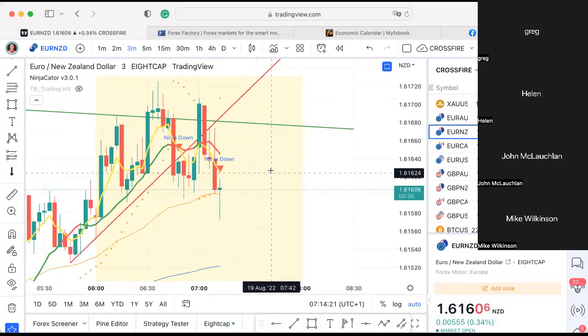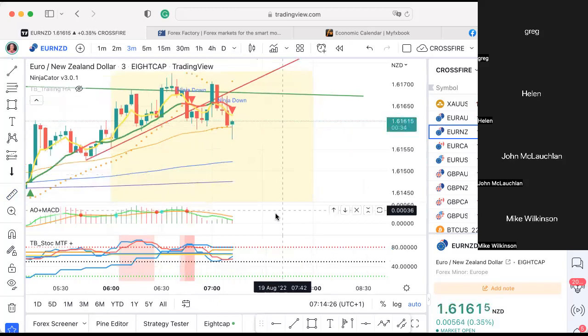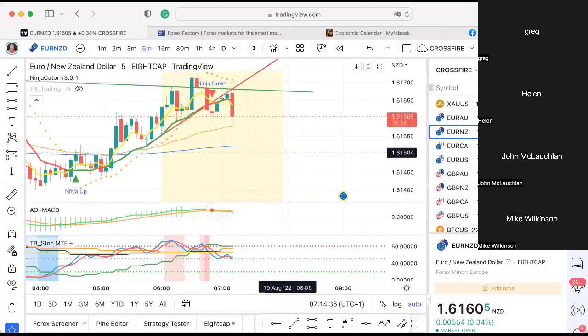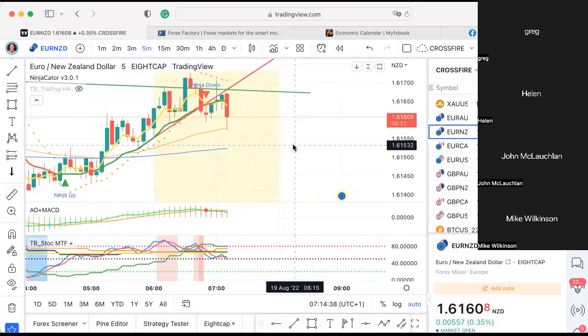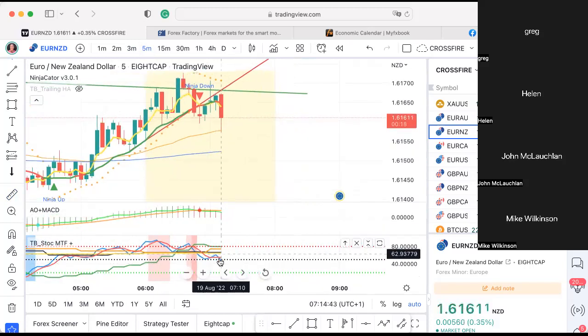If that continues down, the stochastics are not brilliant. There's only a few seconds left. So yeah, the 5 minute stochastic is sort of in the middle there.